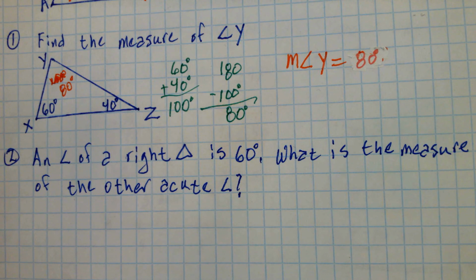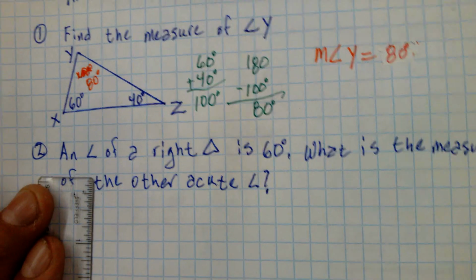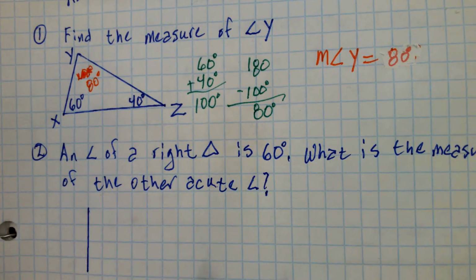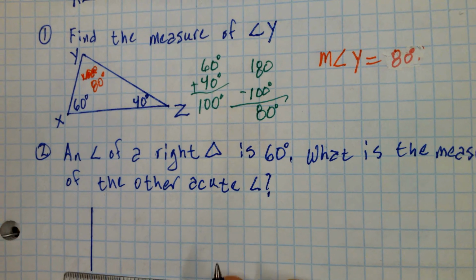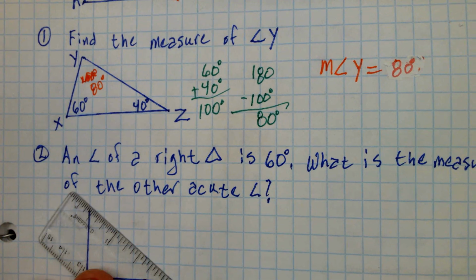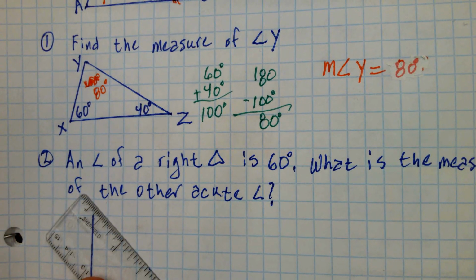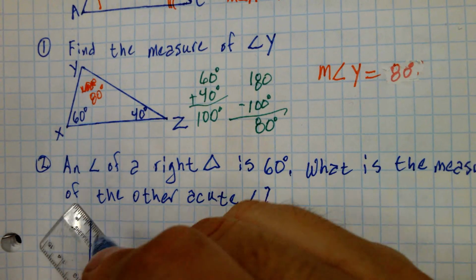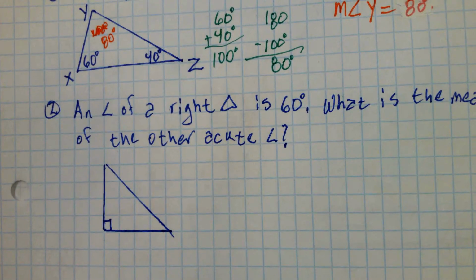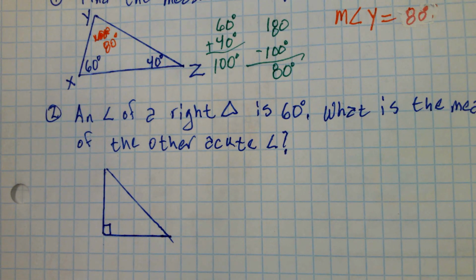So I want you to draw a right triangle. Everyone should know what a right triangle looks like, right? So here we go. The important part is you have to make a right angle. So draw an angle like this, for example.